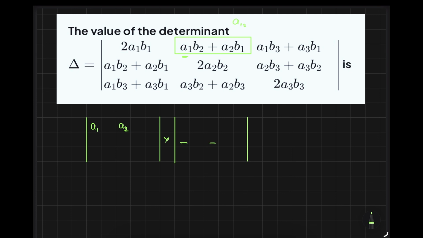So I will go with b2 b1, and we will check whether we are correct or wrong. Now look at this. This is a13, so 1 with 3. But look at this, you are only having a1, you are not having a3. So this combination is wrong. You got my point?